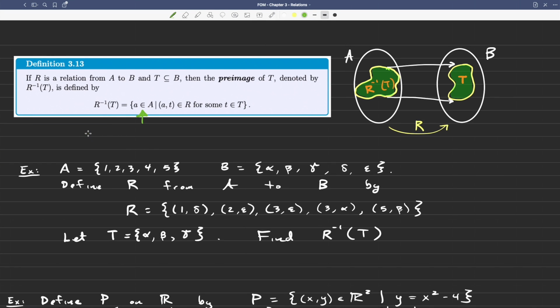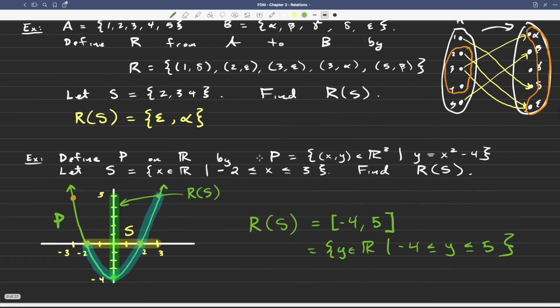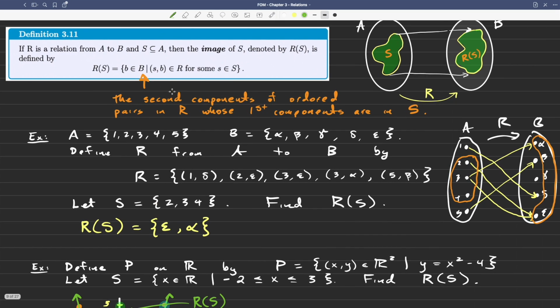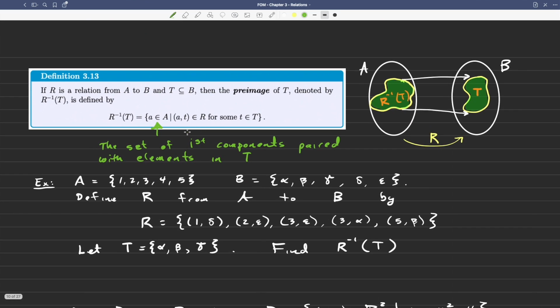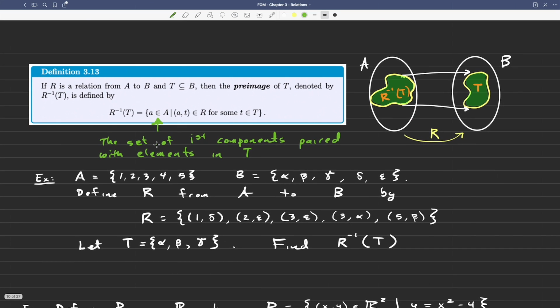So the human version of this is the set of first components paired with elements in T. So up here, image was a set of second components whose first components were in S, and preimage is a set of first components that are paired.